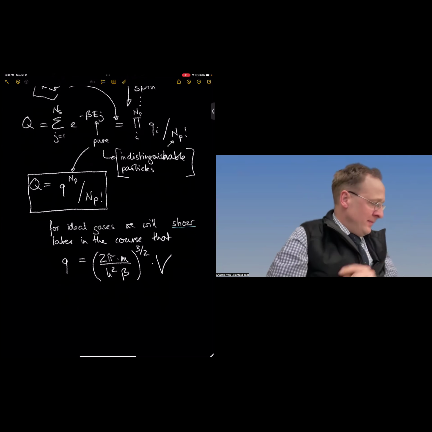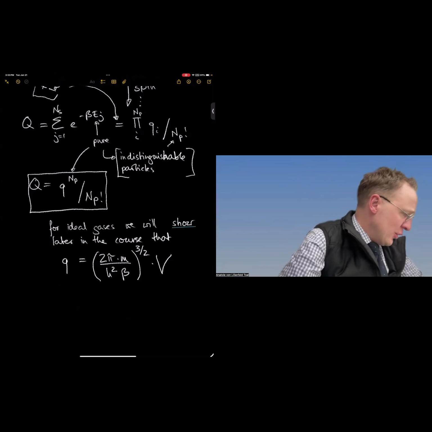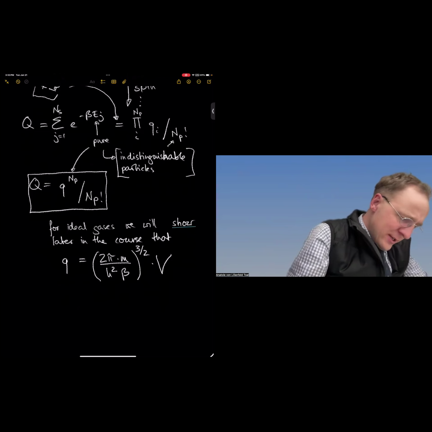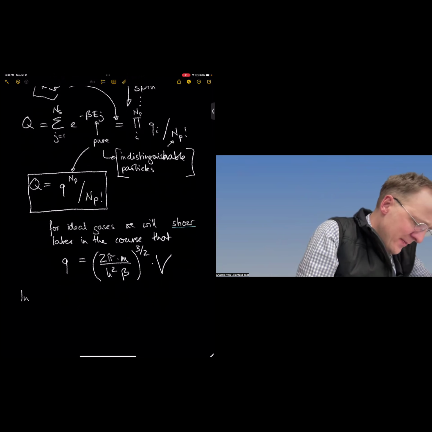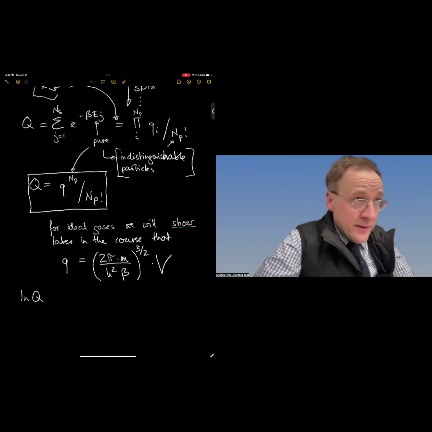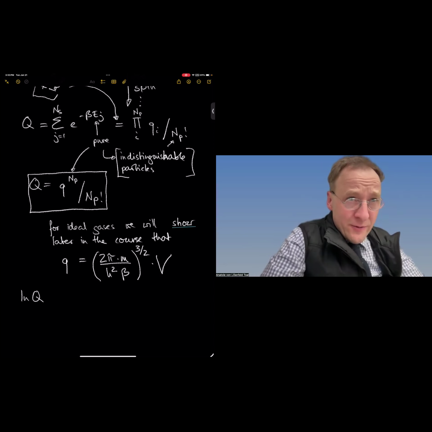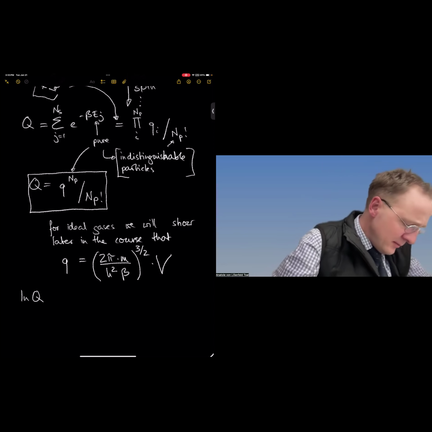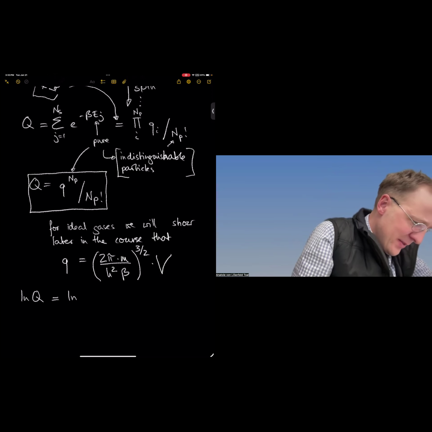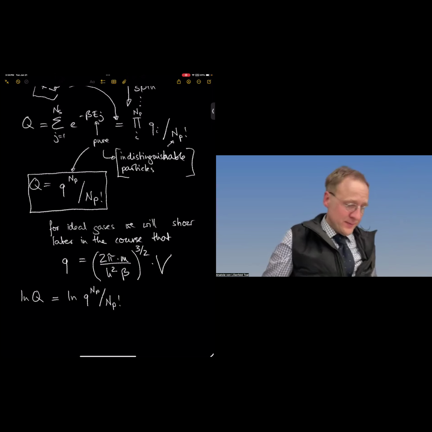All right, so this is my small q, and I can now look at the logarithm of q, okay? That's something I will have to differentiate later on. Now, that logarithm of Q must be the logarithm of q to the NP over NP factorial, okay?